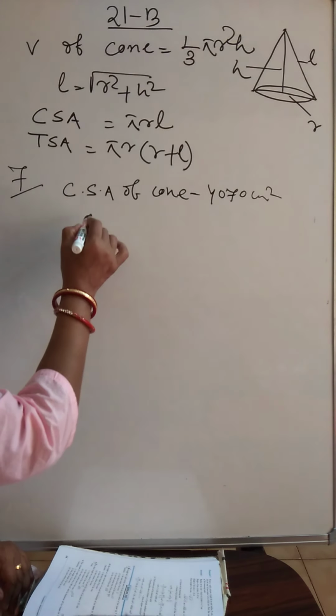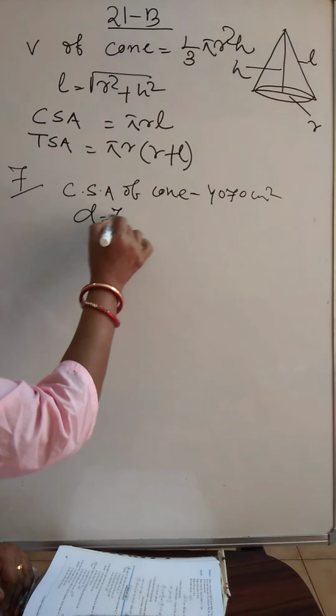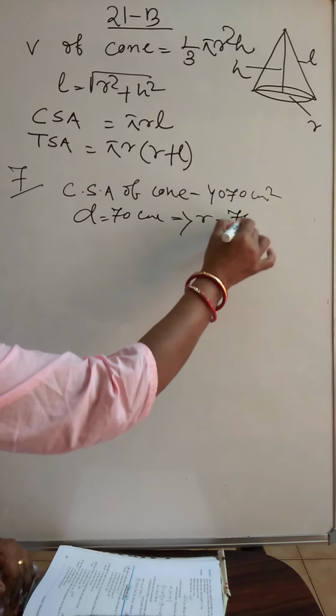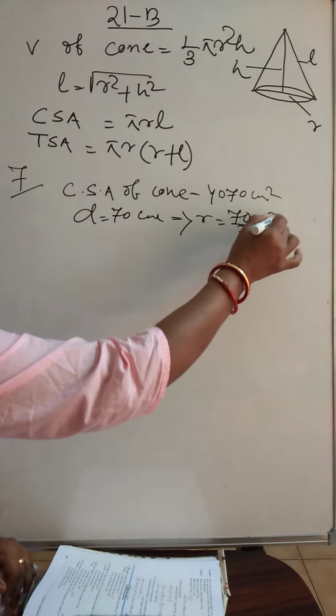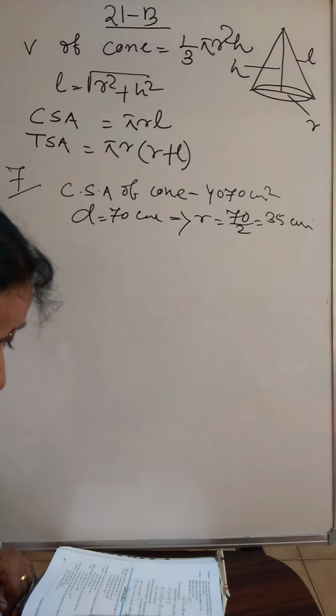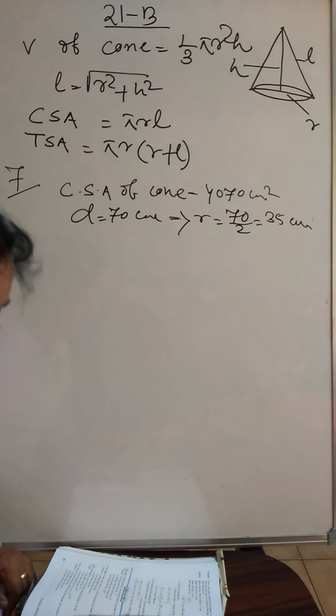Diameter is 70 centimeter. Radius is 70 by 2, 35 centimeter. Then you have to find out slant height, height and volume.